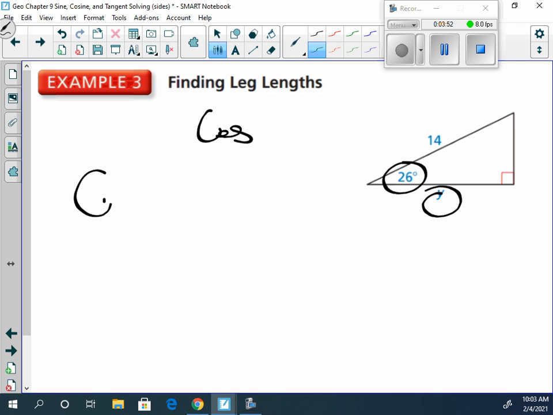We're going to use cosine of 26 degrees. Since I'm given the hypotenuse and I'm solving for the side adjacent to that angle, we're using cosine. So cosine of 26 degrees is going to be y over 14, adjacent over the hypotenuse.